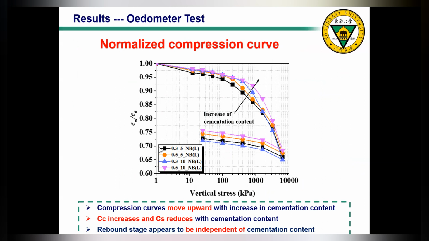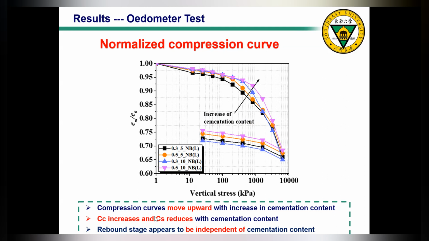From the black one to the purple one, the cementation level increases. From the graph, you can see that with the increase in cementation content, the compression curve generally moves upward, so the transition becomes steeper, more abrupt, with the increase in cementation content.